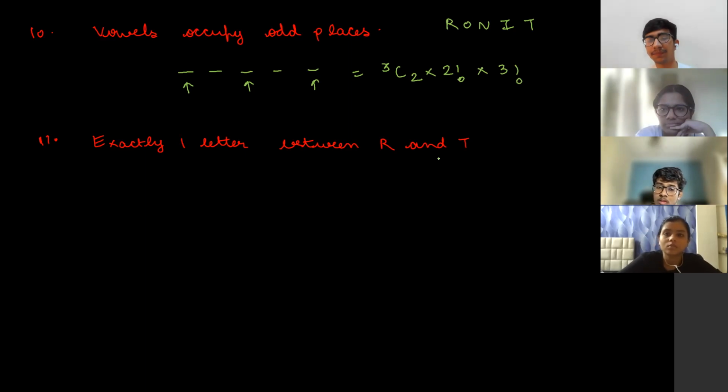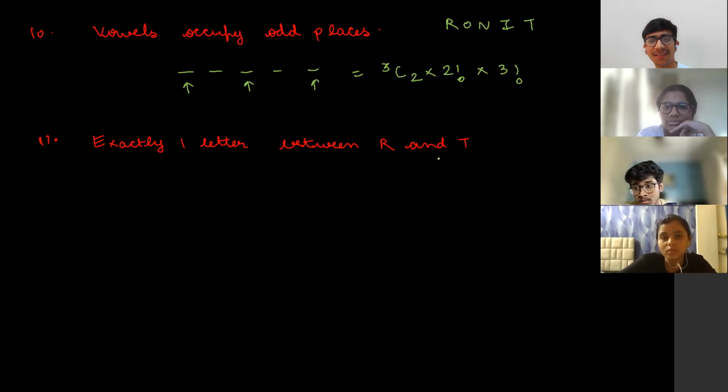Sorry. No change, the final answer will remain as it is. The 3 factorial is for R, N, and T, right? Yes. Okay. So 0? So the 0.